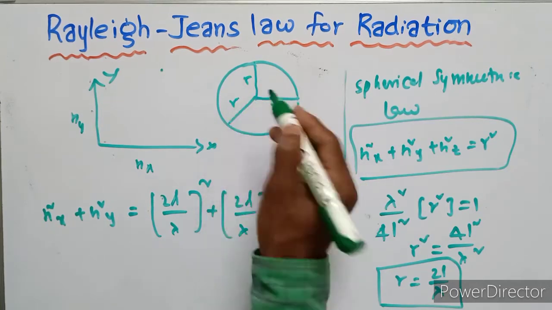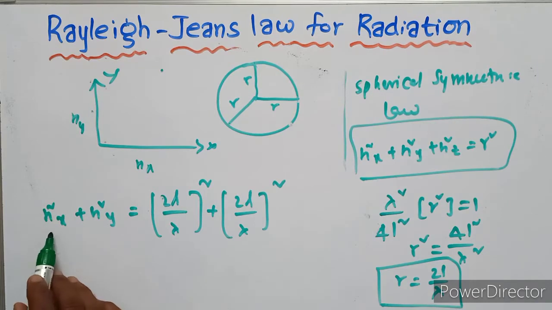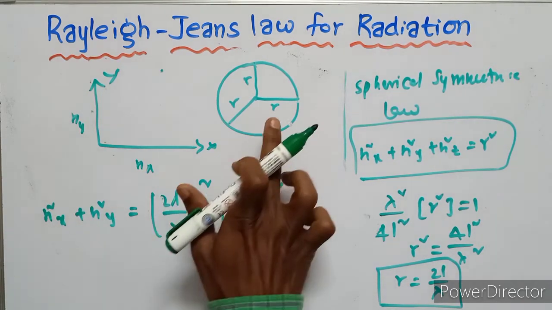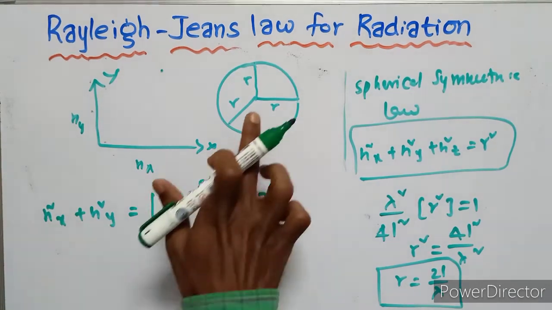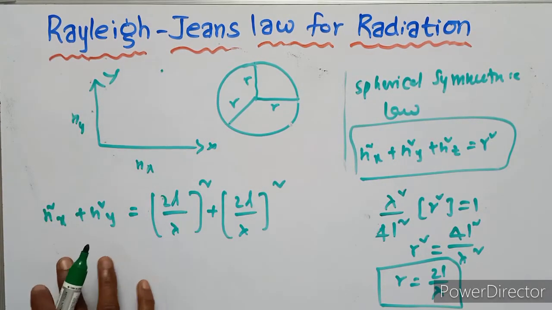So nx equals 2l/λ and ny equals 2l/λ, because nx equals r and ny equals r. Similarly nz equals r, but we take only two-dimensional geometry.